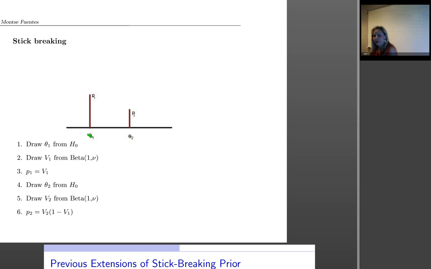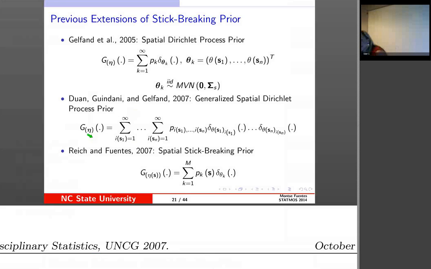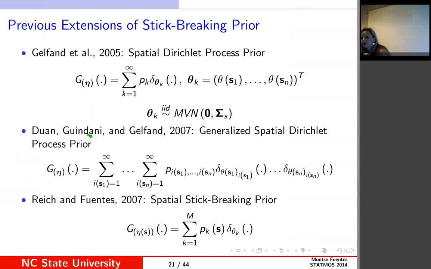Okay, so now to take it to the spatial setting, there is some literature on either putting a structure into the thetas or into the probabilities. Alan Gelfand and his collaborators have been working quite extensively on this, and an initial approach would be to make the thetas a spatial process or a multivariate process. In order to do that, we need replications across time to model the thetas as spatial components.